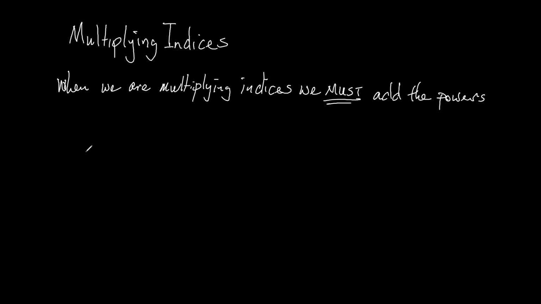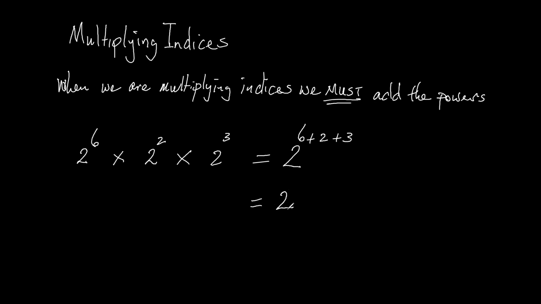So 2 to the 6 multiplied by 2 squared times 2 to the 3rd is equal to, we write in 2 only, 6 plus 2 plus 3, which is equal to 2 to the what power? 2 to the power of 11.